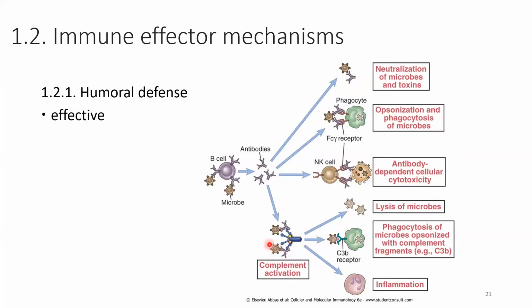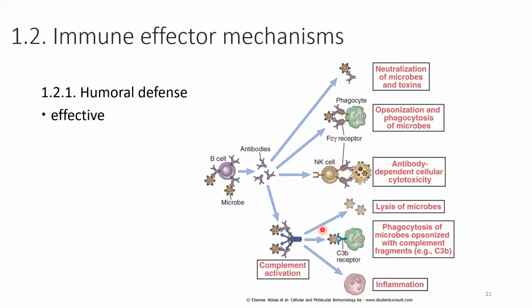Complement: if we get antibody bound to the antigen, this is an immune complex. Therefore, which pathway of complement is activated if we get an antigen-antibody reaction? Okay? Classical, right? It's the classical pathway.